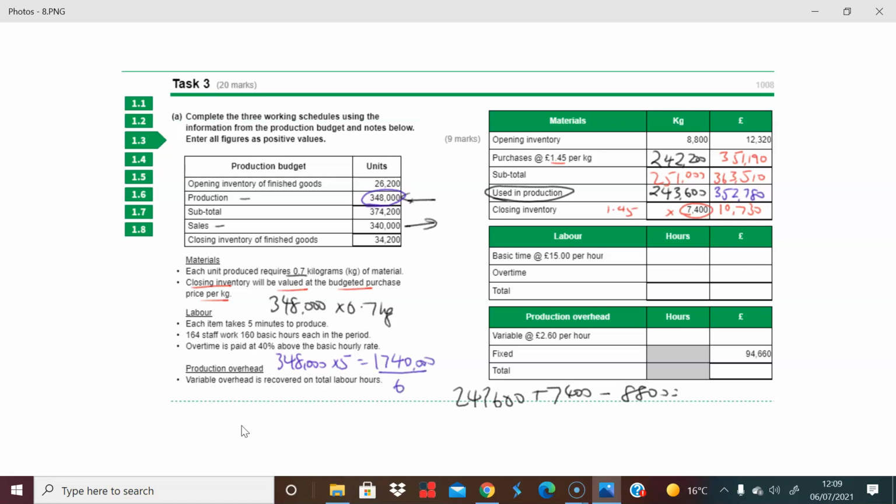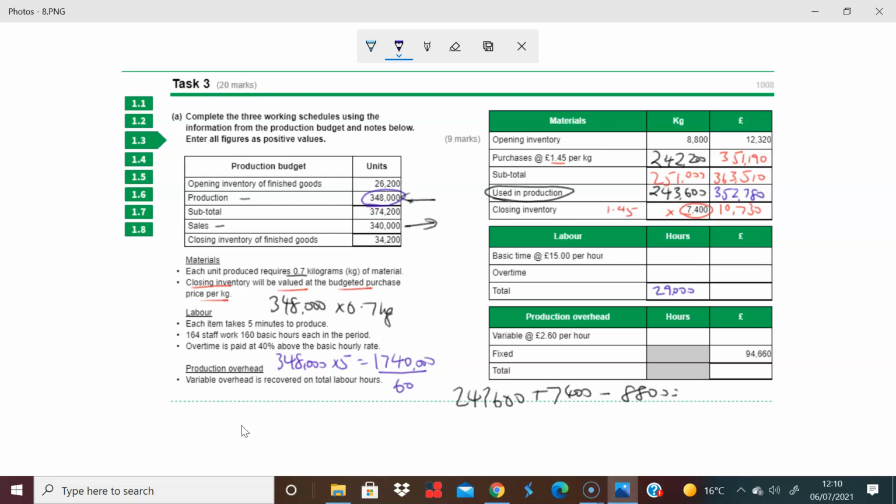But I want my answer in hours, so I divide that by 60 and I get 29,000. They're talking about overtime, so I suspect that you will have a total of 29,000 hours, because that's the total that you need to produce those units, because you want to make all of them, so you will need overtime.